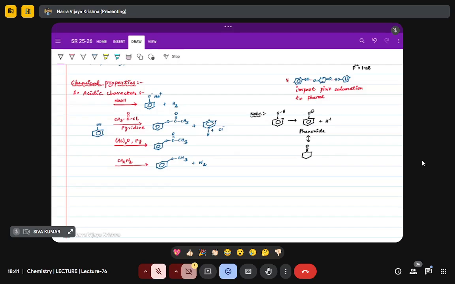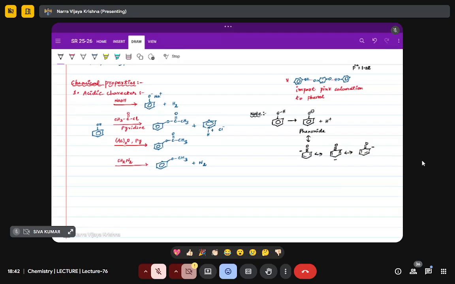I am writing double bond O, negative charge, bond, bond, again resonance. Double bond O, negative charge here. Again, different resonating structures I am writing. Right? That's why phenoxide ion is more stable. Next.